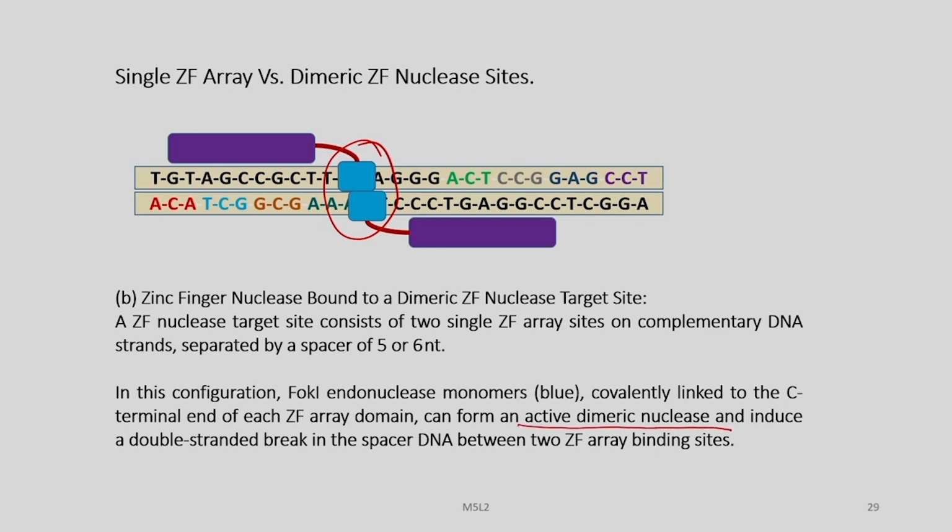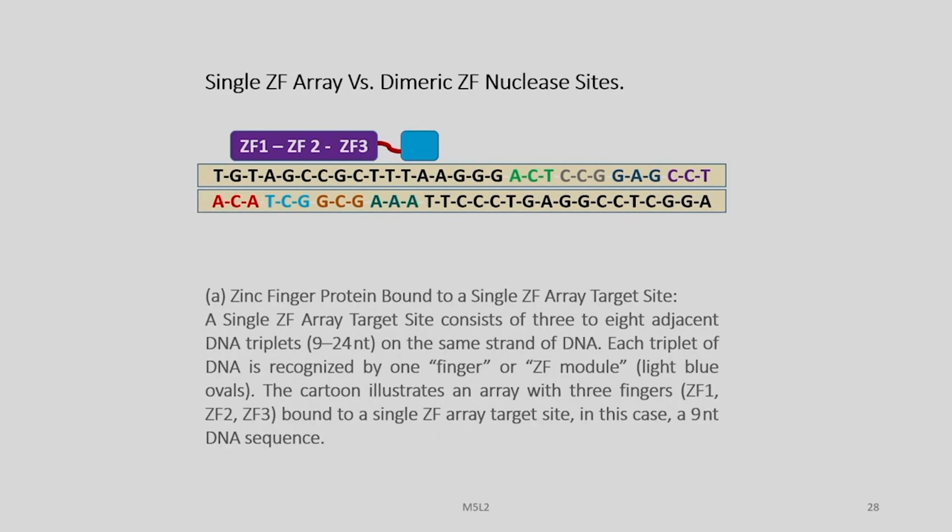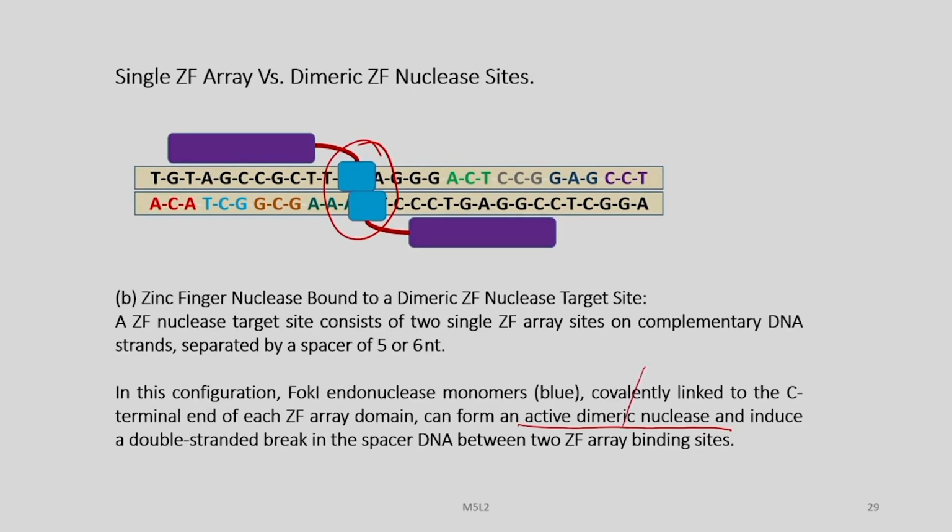So, this active dimeric nuclease is very important for the cleavage of DNA. Here, due to absence of its partner on the other strand, the enzyme is not active and it is not able to cleave. So, this concept is very important to understand the mechanism by which zinc finger nucleases operate.